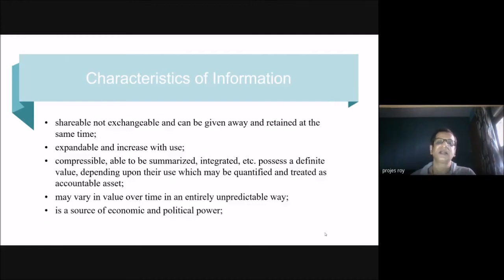So these are the characteristics of information. You already know many characteristics of information, but these characteristics correlate with the economics of information. Many vary in value over time in an entirely unpredictable way, and are a source of economic and political power. So these are the characteristics.